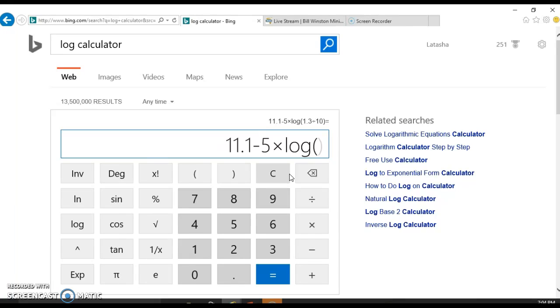The next thing you want to do is put in 1.3. Some calculators have the little slant that looks just like it does in the textbook, which means the division bar. If not, just hit divide. That's what it means. And 10. Then we hit the equal sign, and what you should get is 15.5. Notice it's not a negative number, so you can automatically assume it's positive. So that's a plus 15.5.